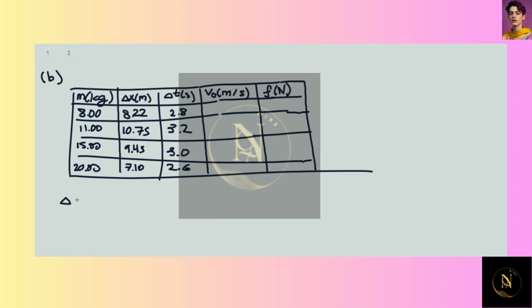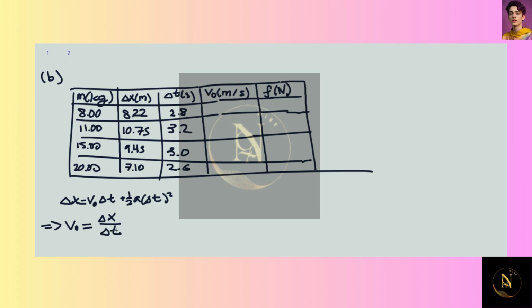So let's take a look at what kinematics equation we'll be using in order to solve for initial velocity. So that's this one. And then the initial velocity is not equal to 0 because that's what we're using to solve for.